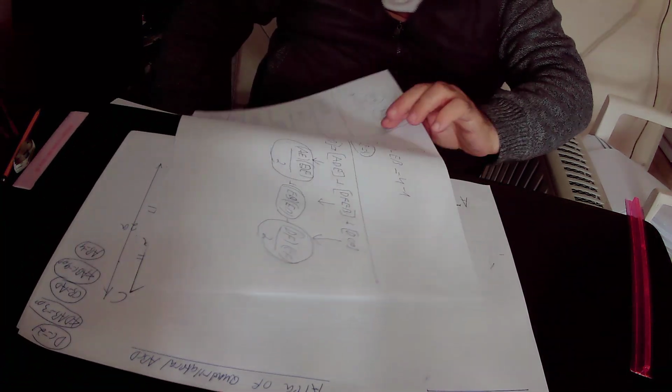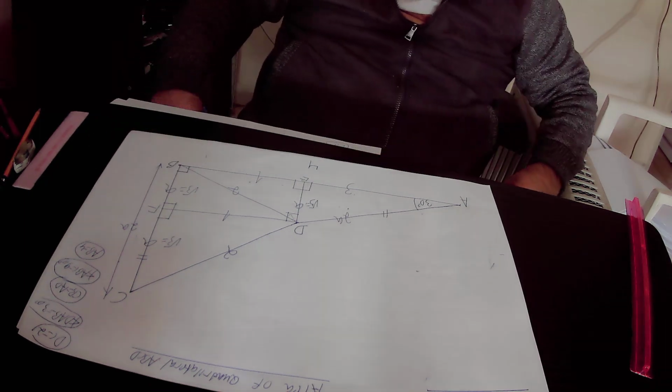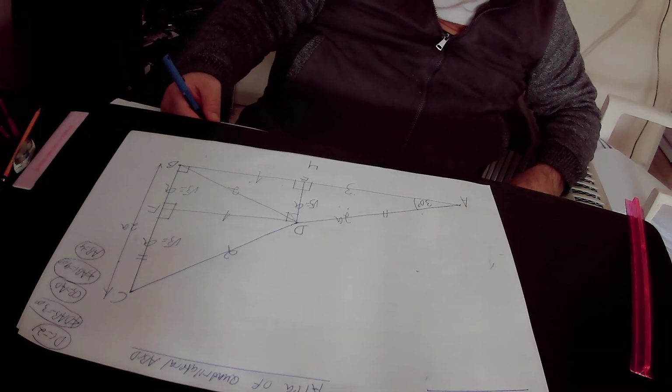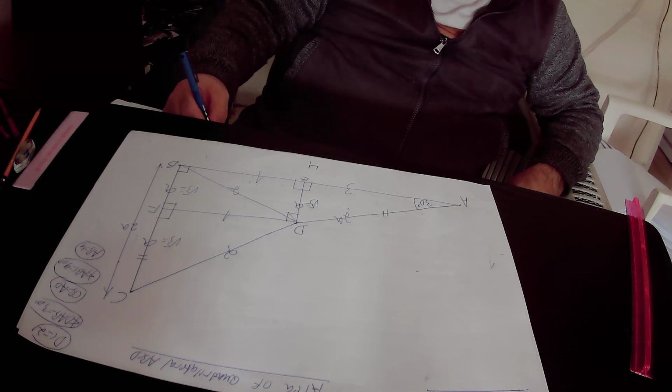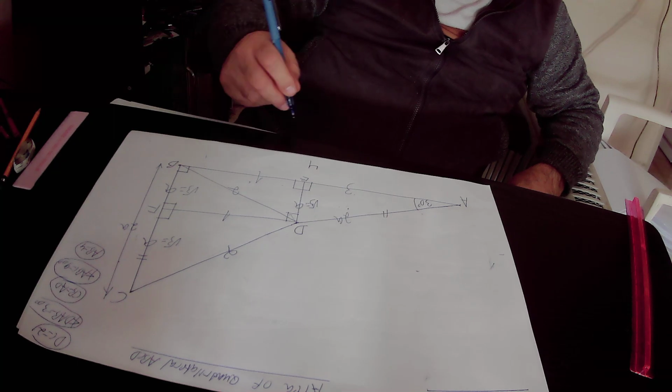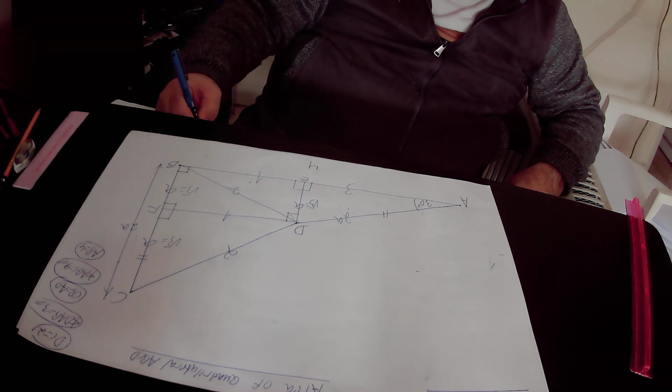So here the area of triangle ADE is AE, which equals 3 units, times DE, where DE equals the square root of 3 units, over 2.